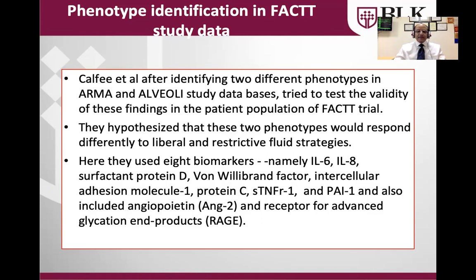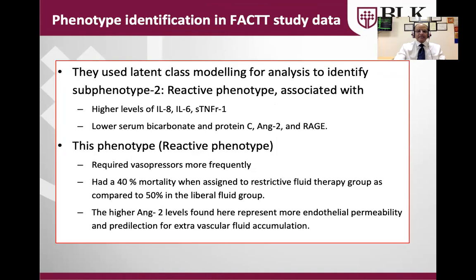They used 8 biomarkers and again used latent class modeling to identify phenotype 2, the reactive phenotype, where the biomarkers were high, with lower serum bicarbonate and protein C, and higher Ang2 and RAGE. This reactive phenotype required vasopressors more frequently, and had 40% mortality when restrictive fluid therapy was used, compared to 50% mortality when liberal fluid was used.